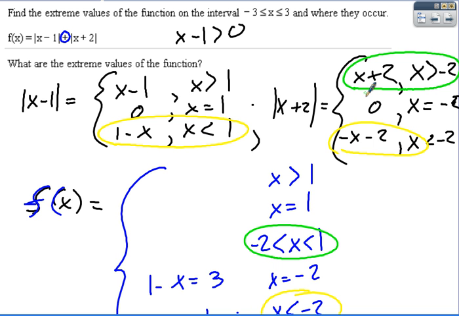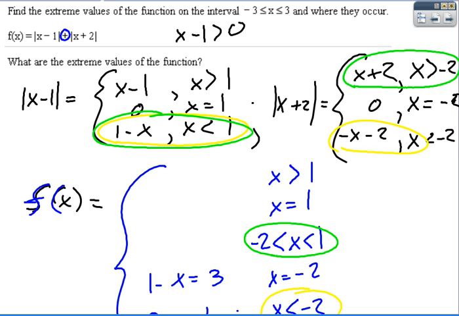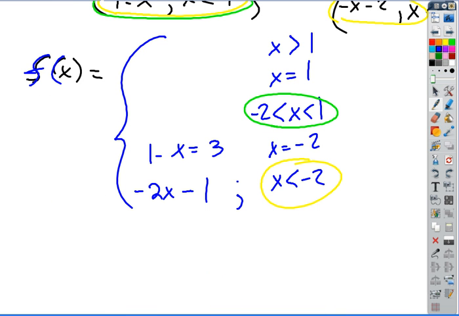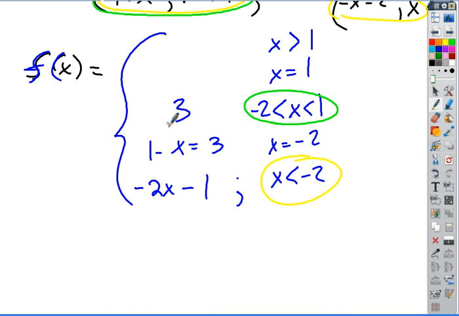When x is greater than negative 2, the absolute value of x plus 2 is x plus 2. When x is greater than negative 2 and less than 1, it's still less than 1, so this absolute value still has that value, so I have to add those. So in between, I'm going to get 3.